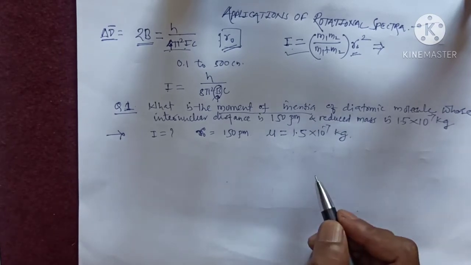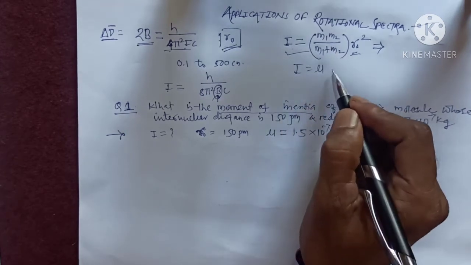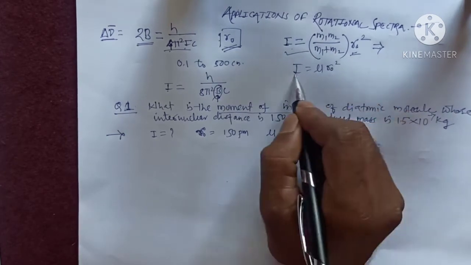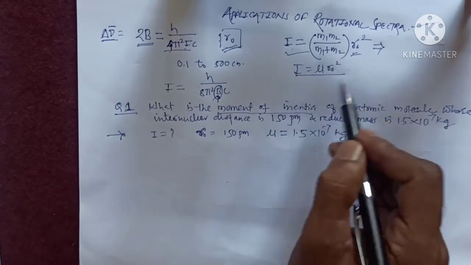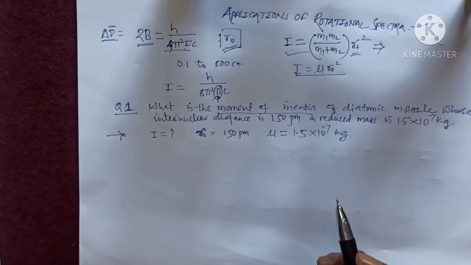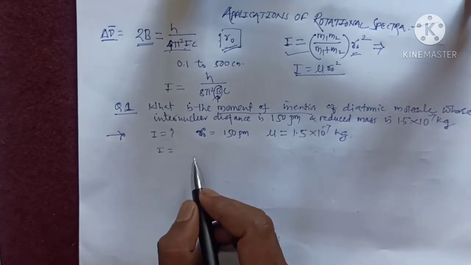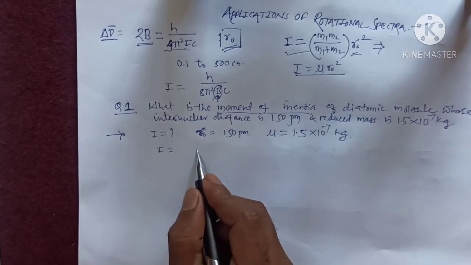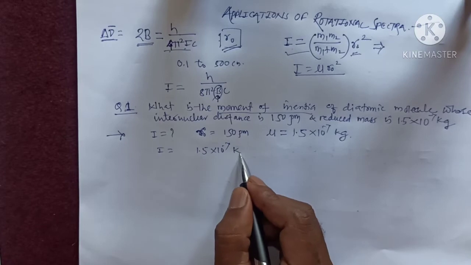Very simple. Which equation will we use? We'll use this equation. Instead of this, we write mu, that is m1 m2 divided by m1 plus m2, but as the masses are not given, directly the value of mu is given, and you simply substitute these two values there. So what is the value of mu? It is 1.5 into 10 raised to minus 7 kilograms.